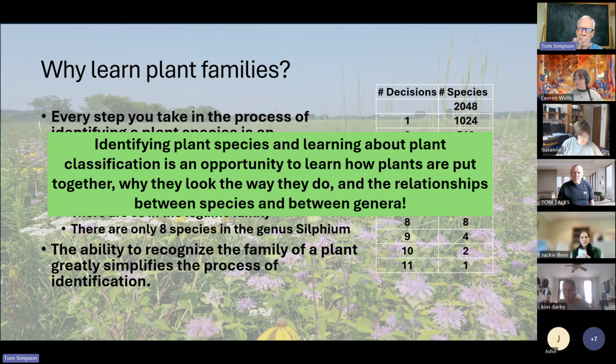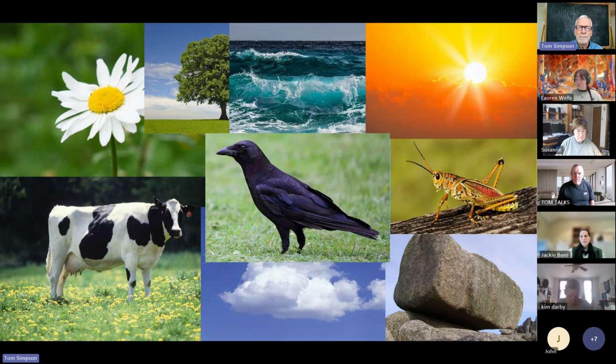So learning plant families and plant genera is handy for identification, but it also gives you a deeper understanding of the plants themselves. We live in a world with lots of different things, and we're all classifiers. We're all putting things into categories as a part of understanding them. And science, natural science, gives us some very powerful tools for separating mammals from birds, from insects, from rocks, from water to plants.